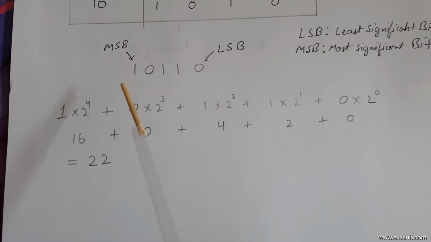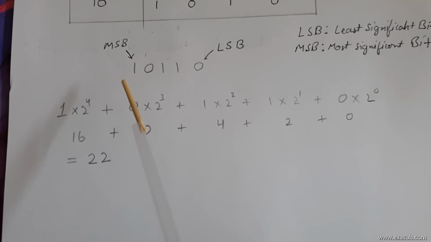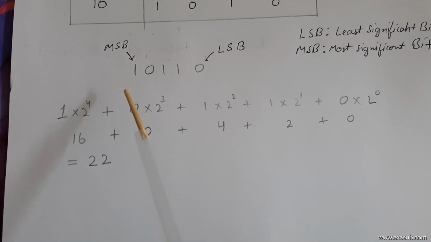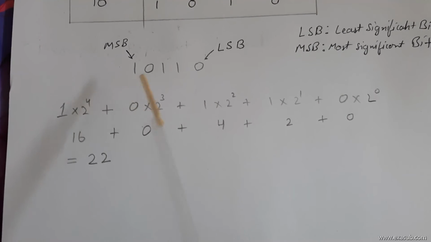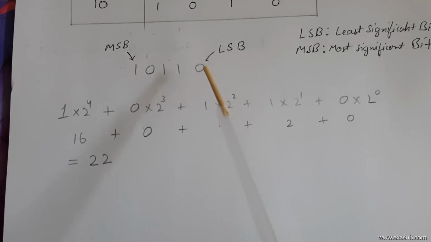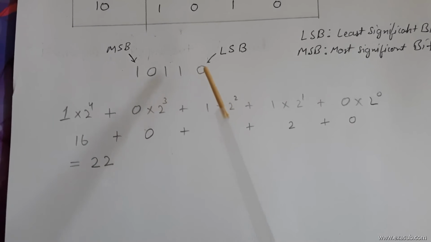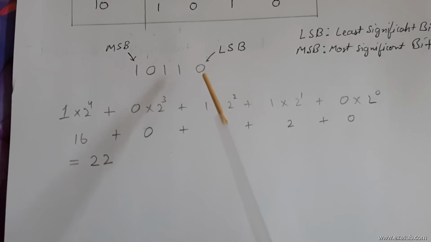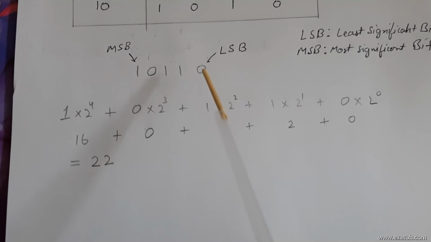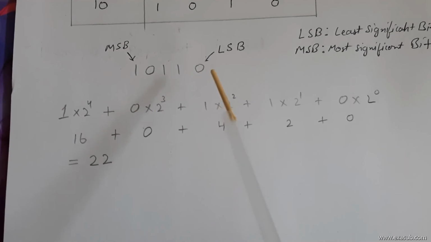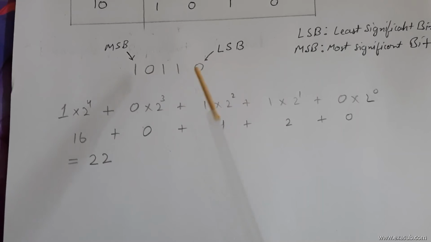Then the weight progression is from left to right. But generally it's common practice to write it with the LSB on the rightmost side, though sometimes it is swapped, so you have to consider that.